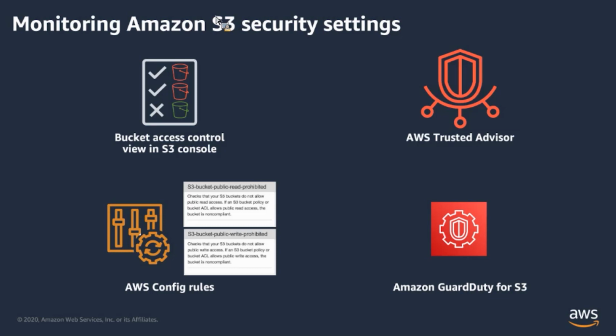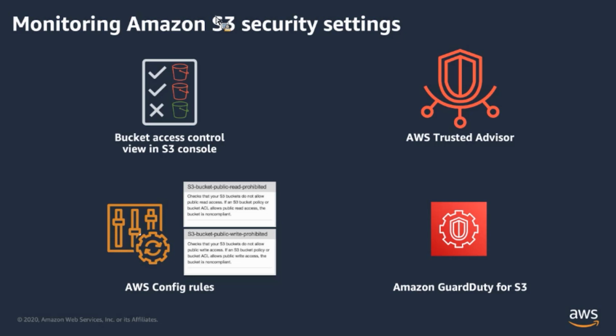One of those checks is the S3 Bucket Permissions check, which will alert you if there are any public objects in your buckets. And you can opt to receive a weekly email with the status of all of your checks, and it's totally free.